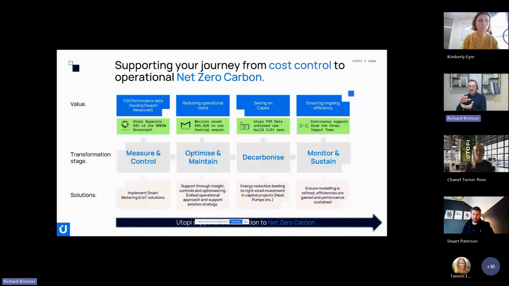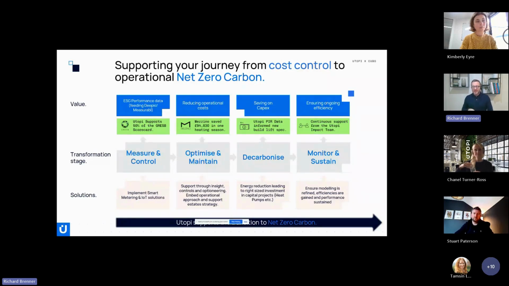And then finally, before I hand over, a very quick introduction on the journey. In terms of the approach that Utopi take in managing and working with clients, it's a really simple four-step phase. The first bit is around measure and control. So installing the multi-sensor device, first of all, is to understand what is happening in individual buildings, and start to identify what control measures could be put in place.